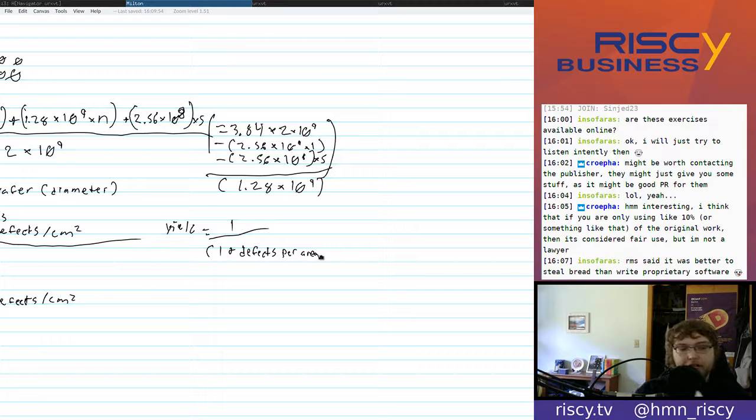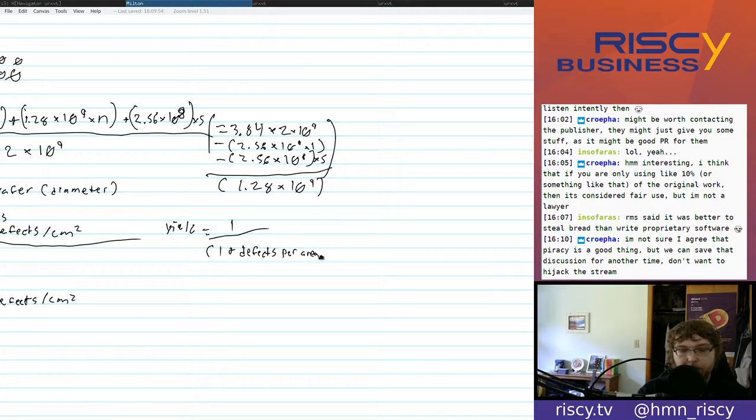Here, let me just look it up in the book again, so I can reference that while I copy it down. 1 plus defects per area times die area over 2, and then all of that squared.